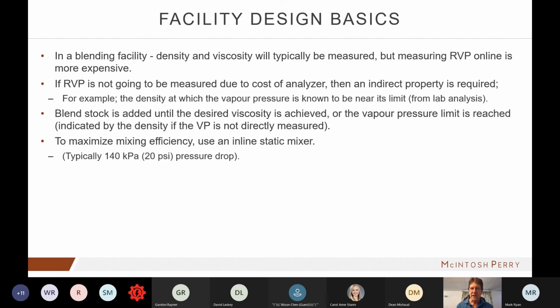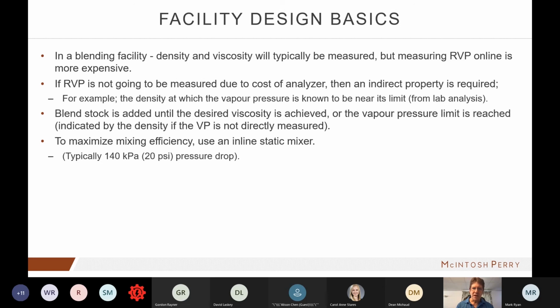If you were using density, you might find you ran into the density limit, which you were using to represent vapor pressure, and you haven't quite reached the viscosity you need. Hopefully it doesn't happen, but it may happen on the lighter blend stocks. With things like condensate into crude oil, you can probably reach your viscosity before you reach the vapor pressure limit.